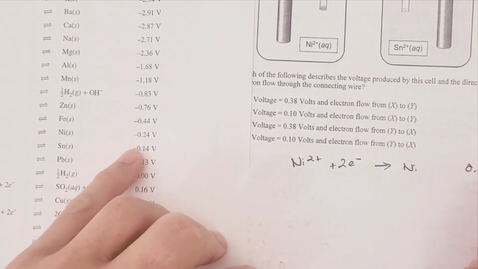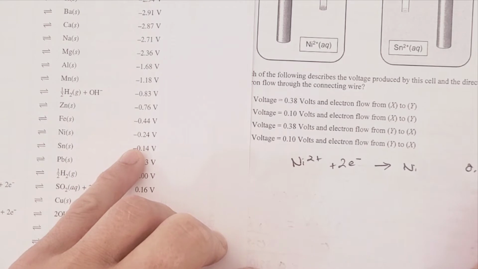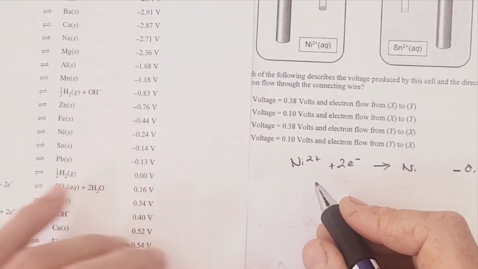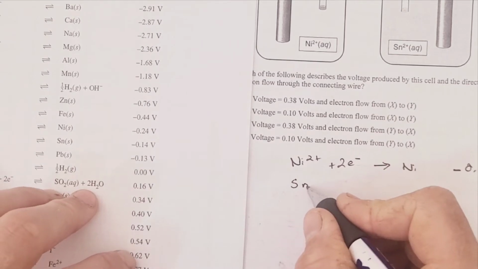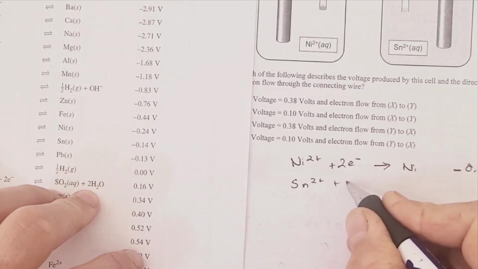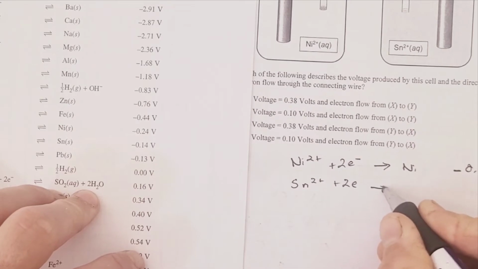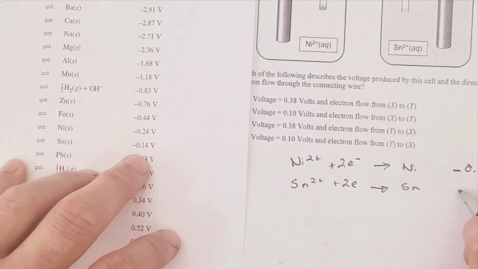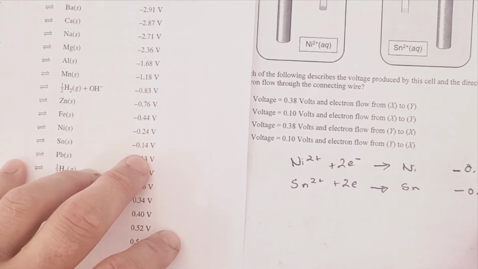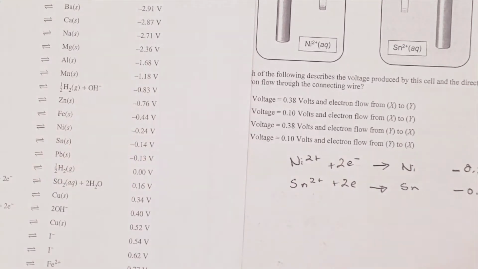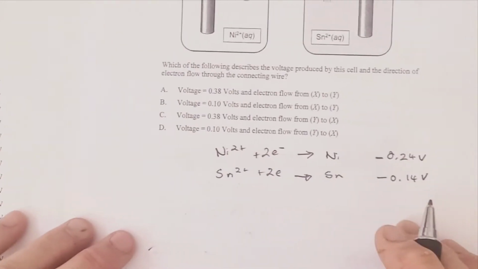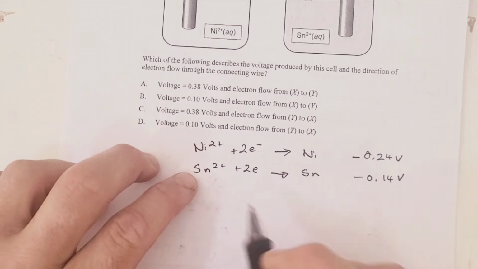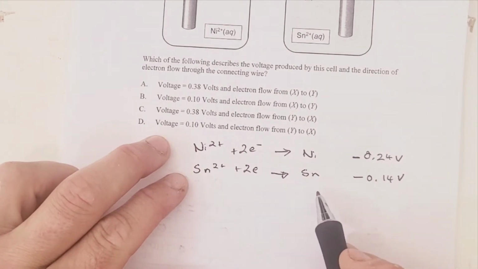You just want to double check that you got the right one, because there's different forms of the same. I know that this is negative. And Sn2+ plus 2e- gives Sn. Okay, so these are both being reduced.